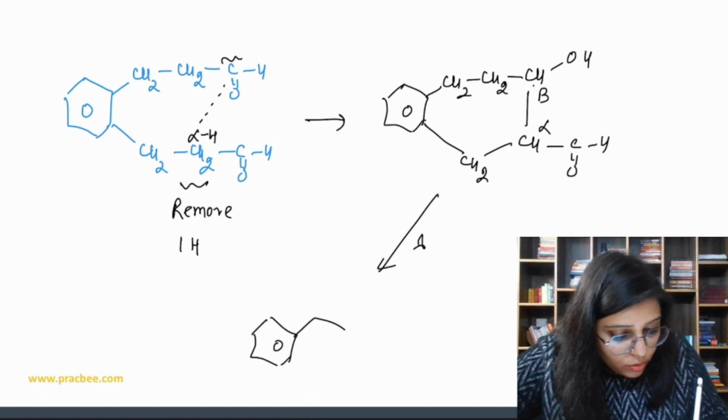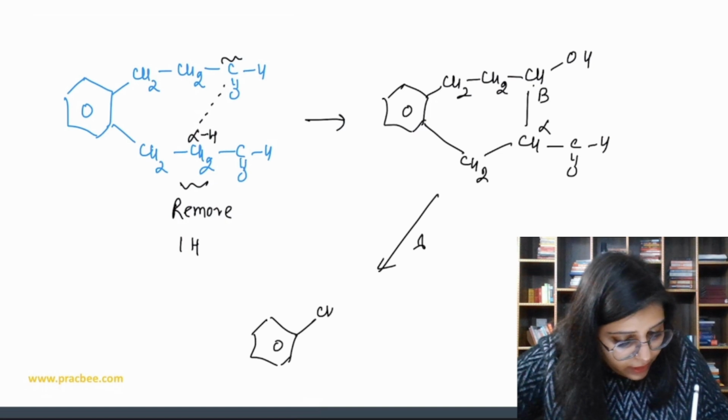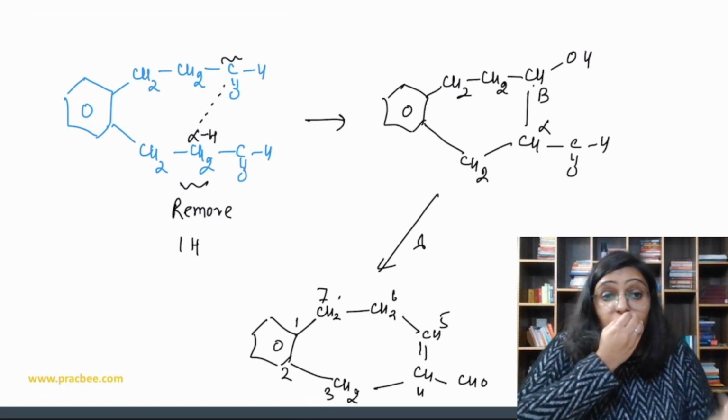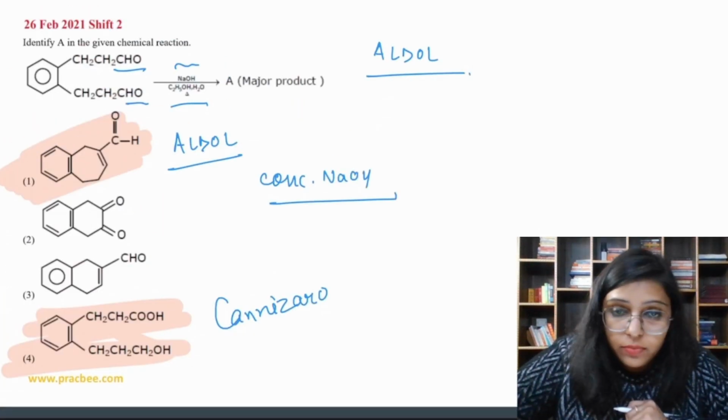CH2, CH2, CH double bond CH, this is going to be CHO, then we have CH2 in this. So 1, 2, 3, 4, 5, 6, 7. If I want to do aldol, then that is going to be the answer.